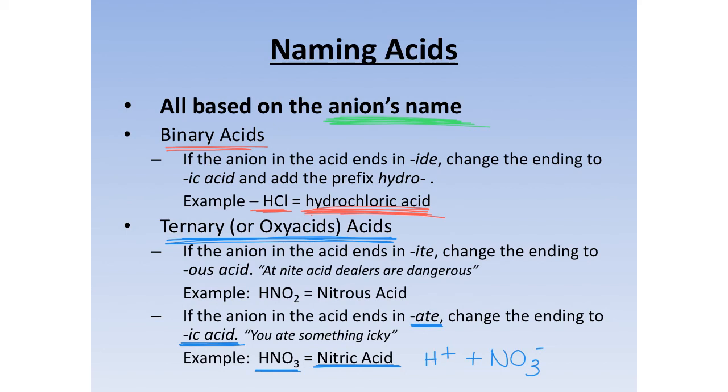So if you have H2SO4, that comes from the sulfate ion, so it's sulfuric acid. If the anion ends in ite, like nitrite, then you change it to ous, so nitrous acid.